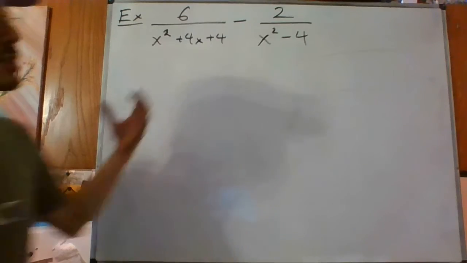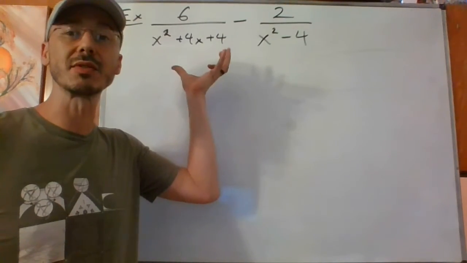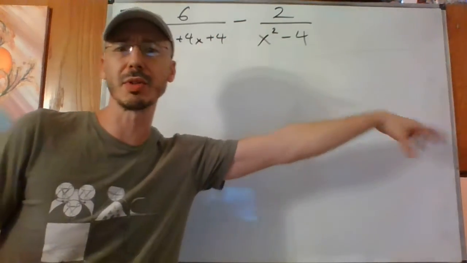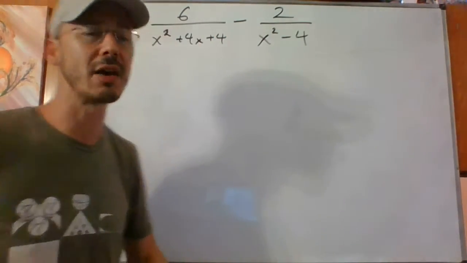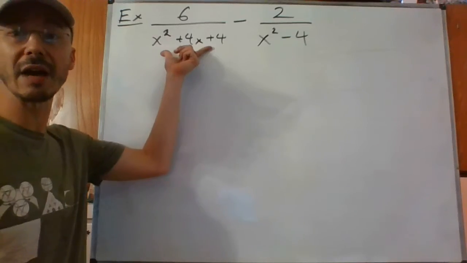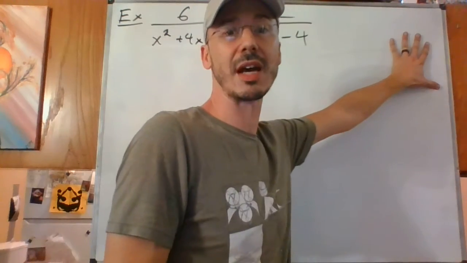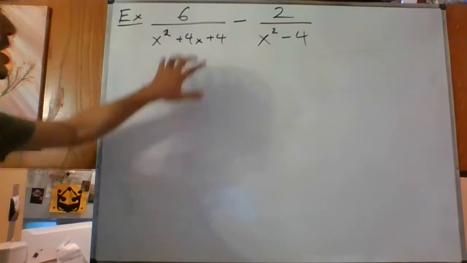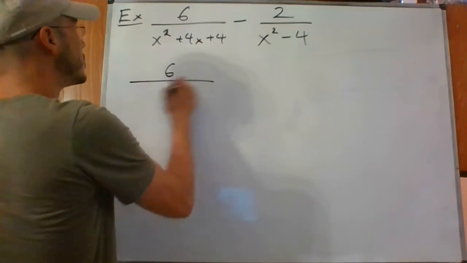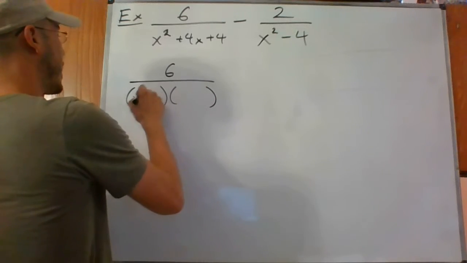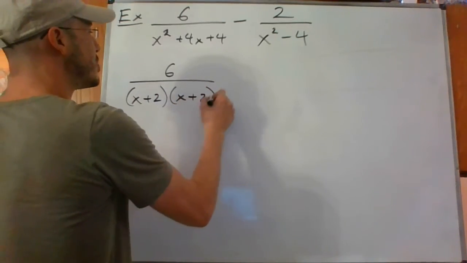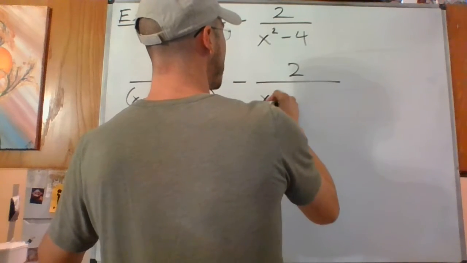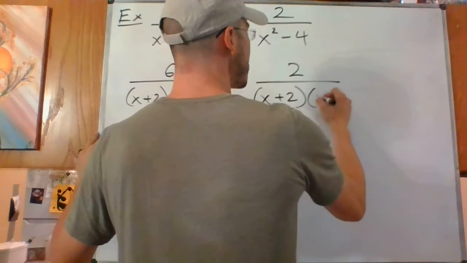And the first thing I need to do is find the factors. I have to factor these, but they're not just numbers. I'm not going to try and do it in my head or build an LCM just by writing it down. If you have to, you should work off to the side or somewhere else on the page on scratch paper to break these down to x plus 2, x plus 2, and x plus 2, x minus 2.